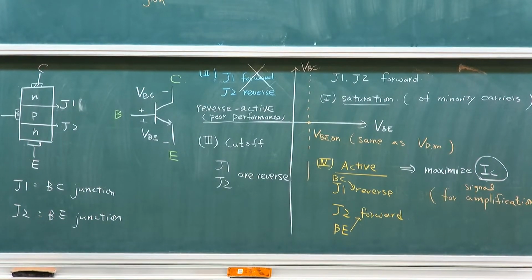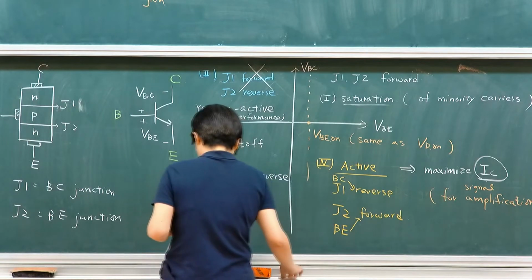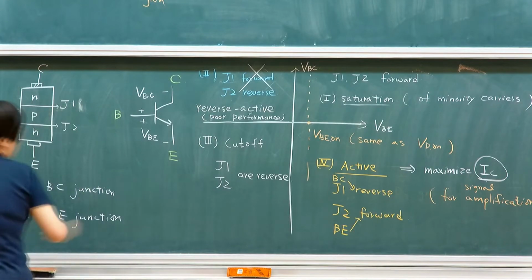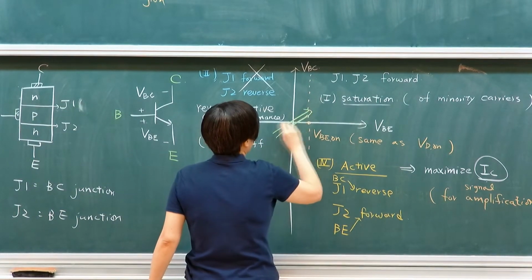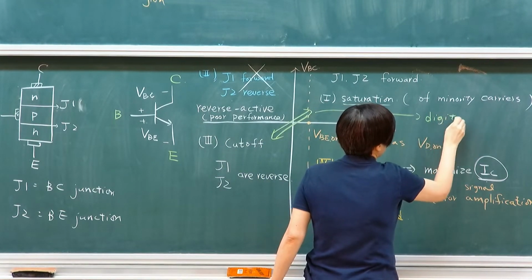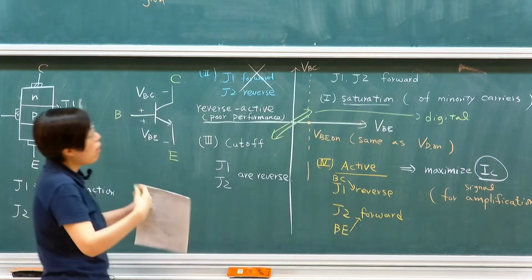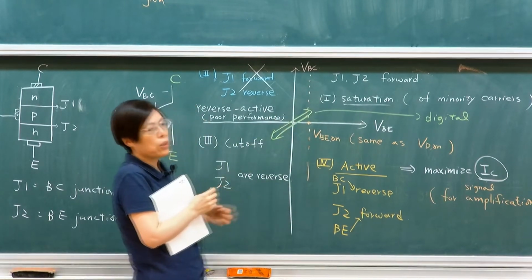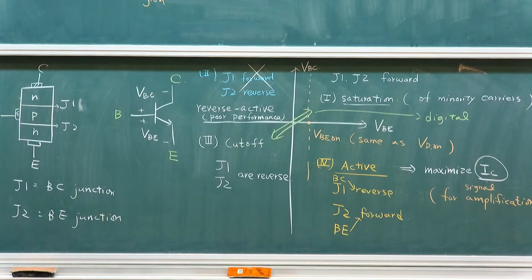Even though we know that bipolar is not typically a digital operation, if you want to make it a switch, then it would jump around between the two. If you're doing a digital application, meaning there's on and off only, this is the off, this is the on. You're typically jumping between the two if you're doing an inverter type of application. Okay? Good? Clear?